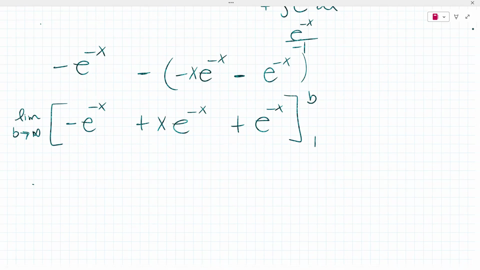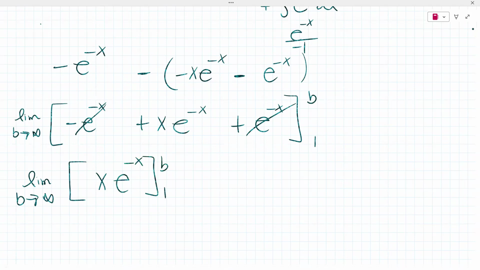Now, before you apply our lower and upper boundary, do you see anything that cancels? Yes, I see this e to the negative x and this negative e to the negative x canceling. So now this simplifies as the limit as b goes to infinity of x e to the negative x from 1 to b.